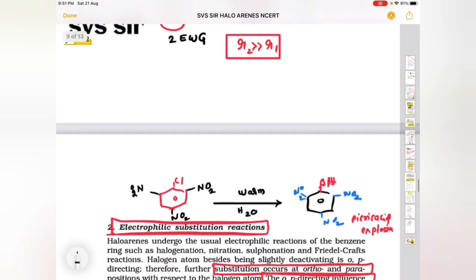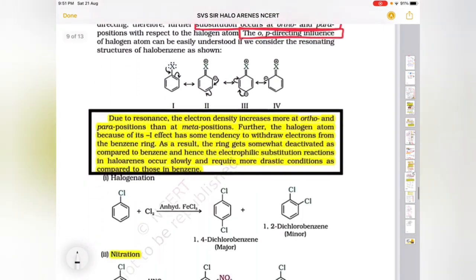And this is very important: 2,4,6-trinitrochlorobenzene gives 2,4,6-trinitrophenol, which is called picric acid. It is acidic in nature and explosive in nature, very important.